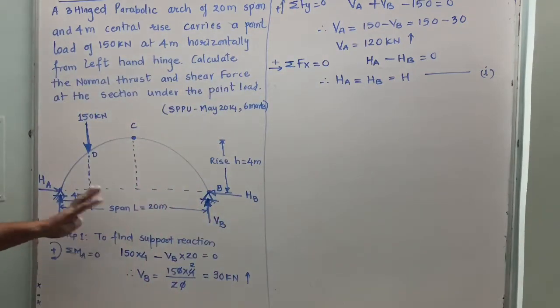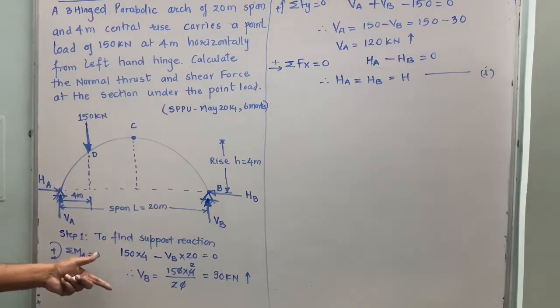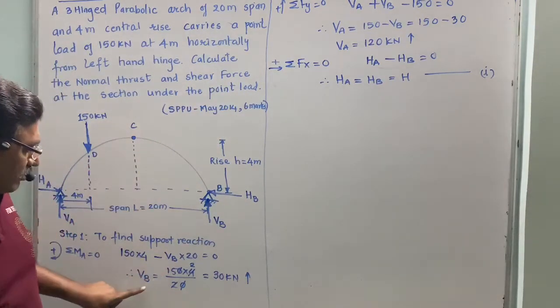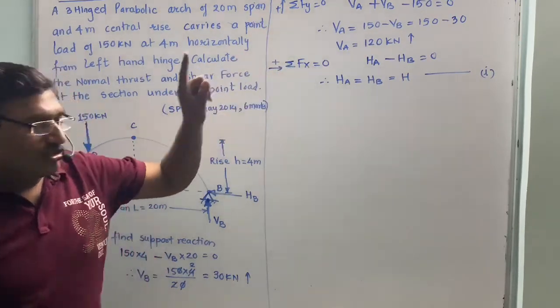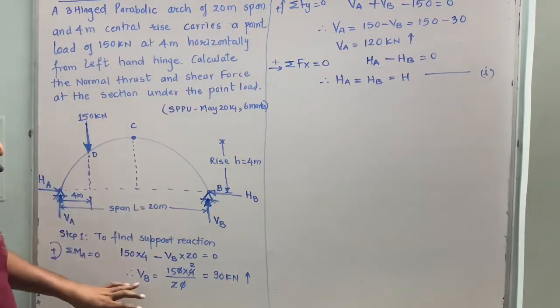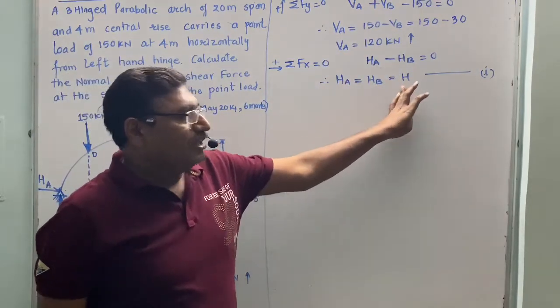So when we consider equilibrium of the whole arch, we apply three conditions: summation of Fy is equal to 0, summation of M is equal to 0, and summation of Fx is equal to 0. Out of 4 unknowns, we got 2 unknowns, and we got one relation, HA is equal to HB, which is equal to H.